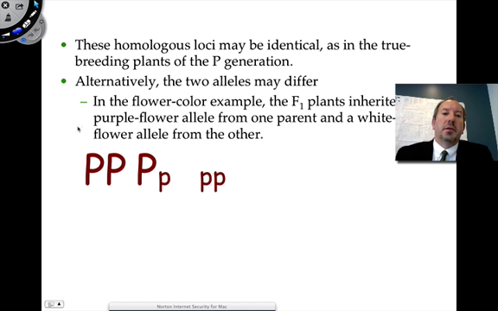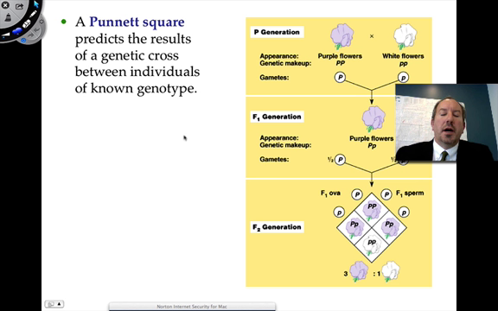And so what's interesting is when you look at this possibility, and this is a great diagram, his first cross was pure purple. When I say pure purple or true breeding, I mean that it's both capital P, that's a diploid. And then when it makes the pollen, the only kind of pollen you can get from this is capital P. And then white is little p.